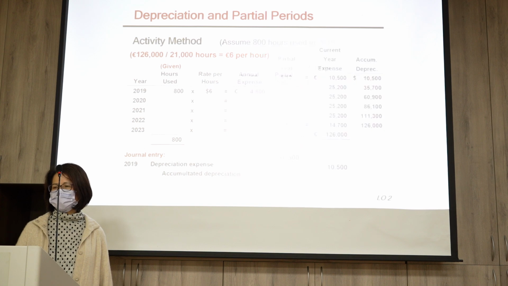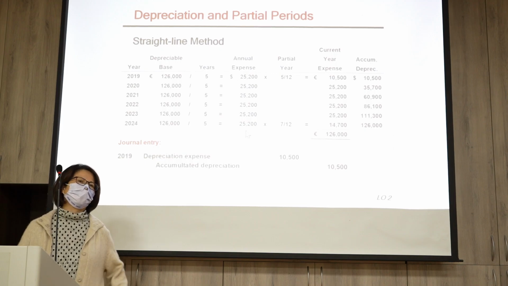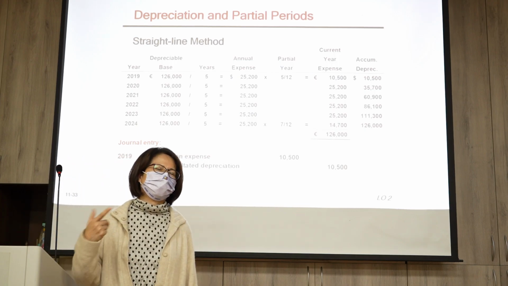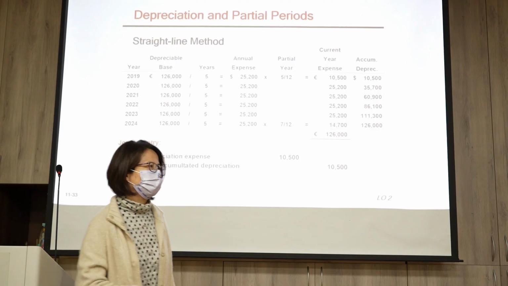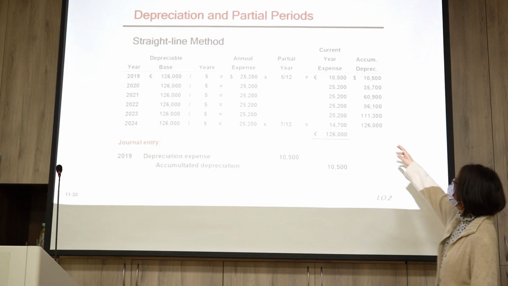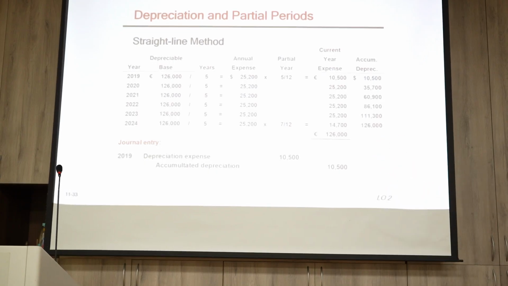The remaining will be the accumulated depreciation. How about the carrying amount? I mentioned this term, carrying amount, CA. Another term is book value. So at the end of the depreciation, what would be the CA for this asset?